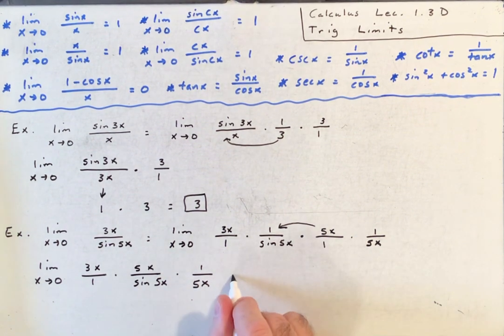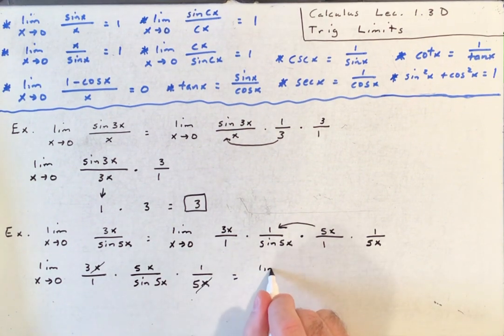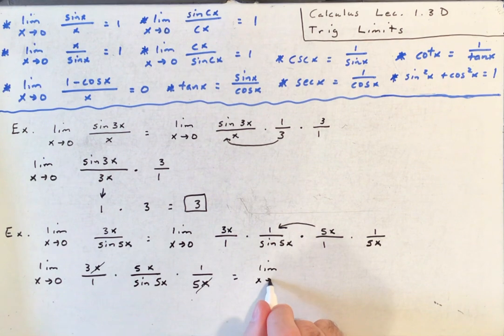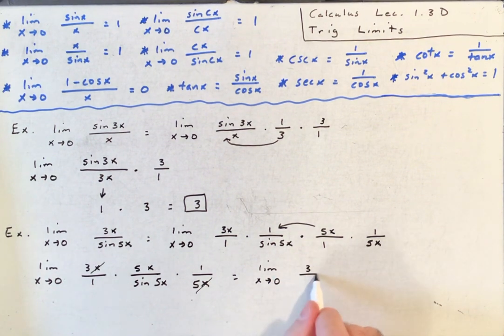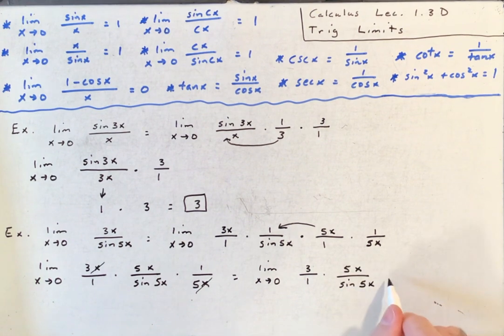Okay, I'm going to rewrite this. I'm going to simplify this even a little more, because what happens now? The x here and the x here cancel, don't they? So we have the limit as x approaches 0 of 3 over 1 times 5x over sine 5x times 1/5, because those x's canceled out.